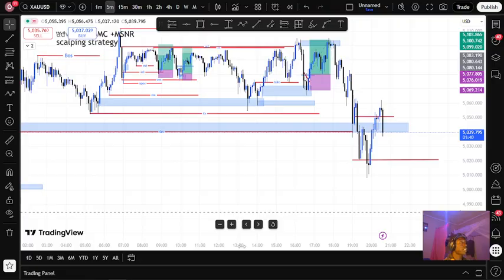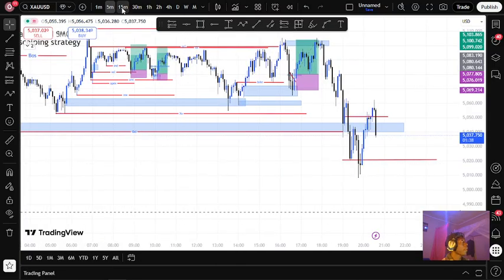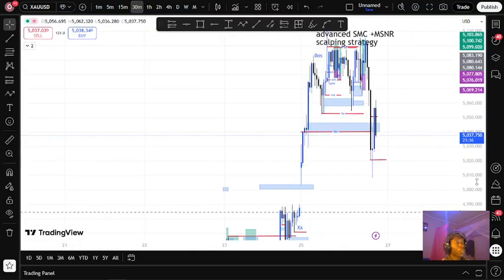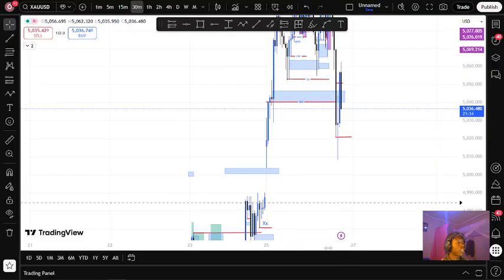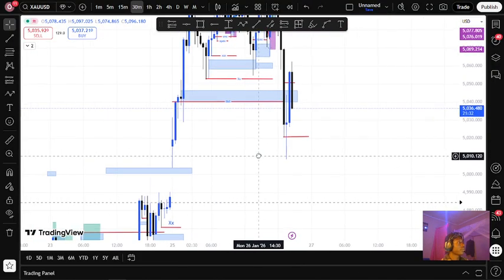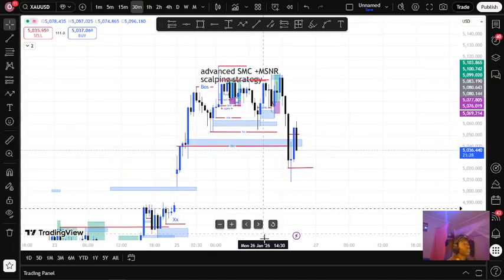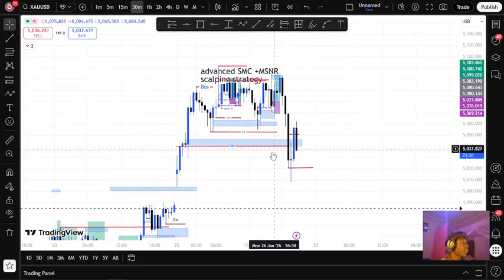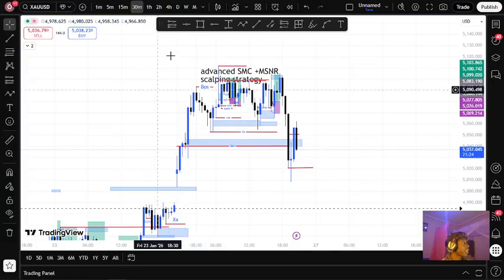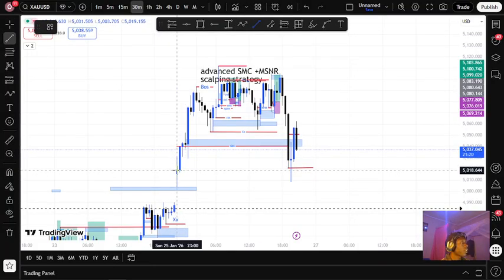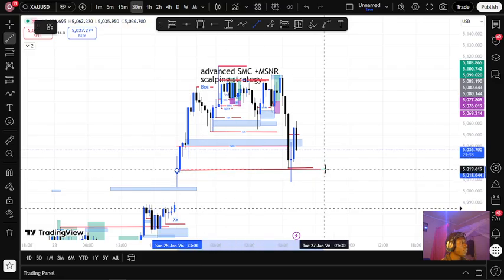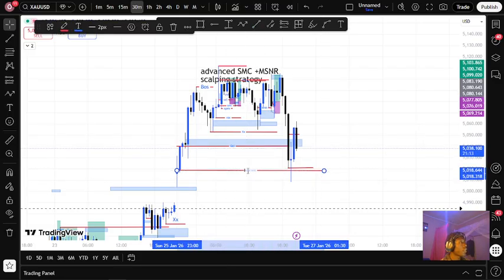To where the price currently is right now, my anticipation of the price: you can see the market is still on some bearish move, but it reacted off at this OCL here, this key level.